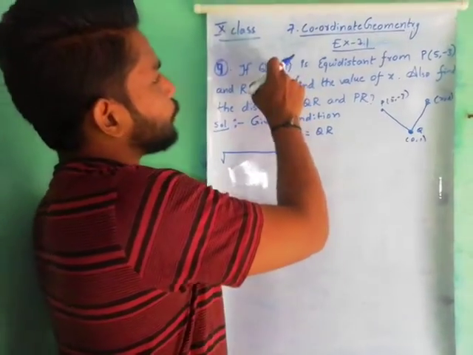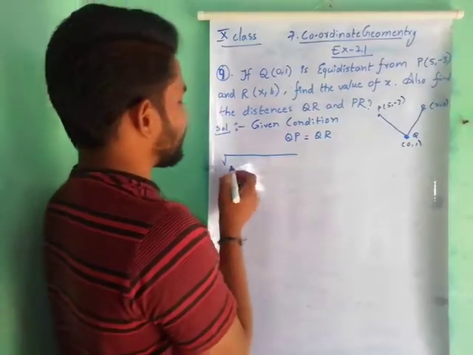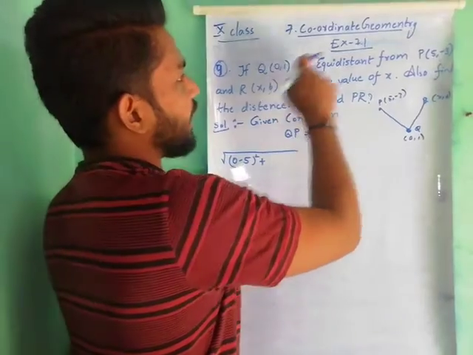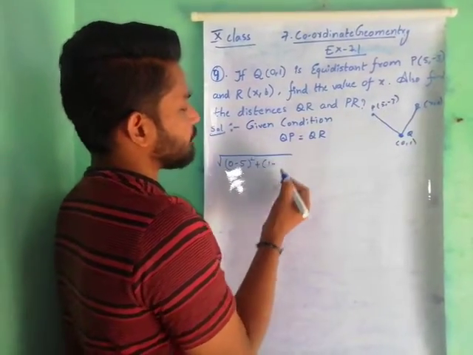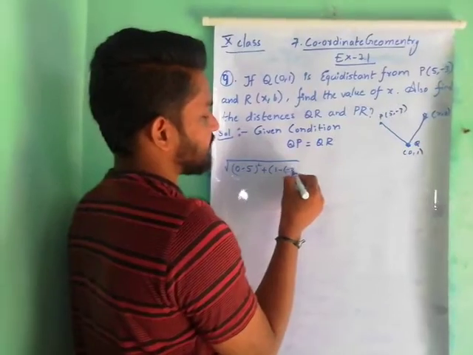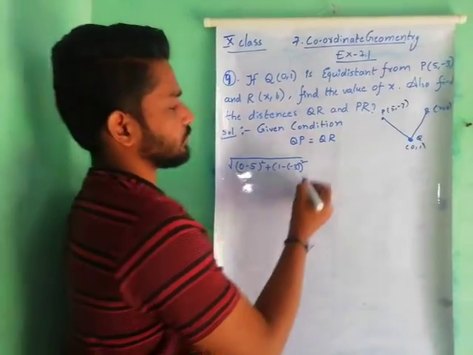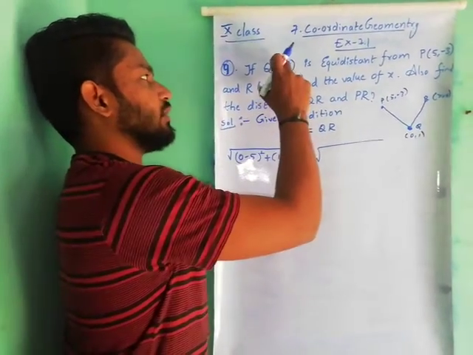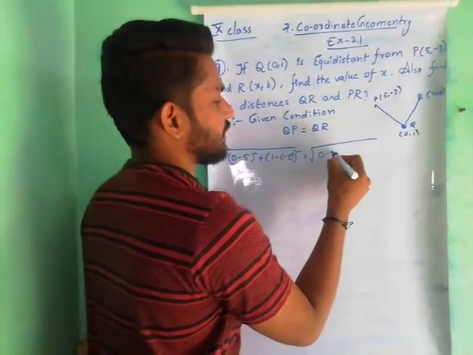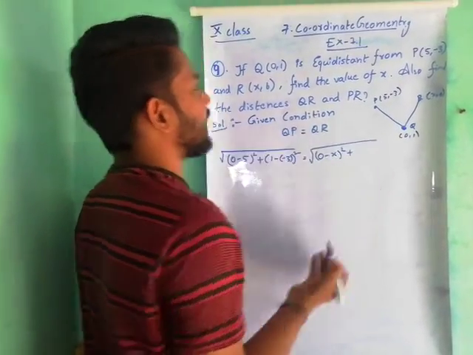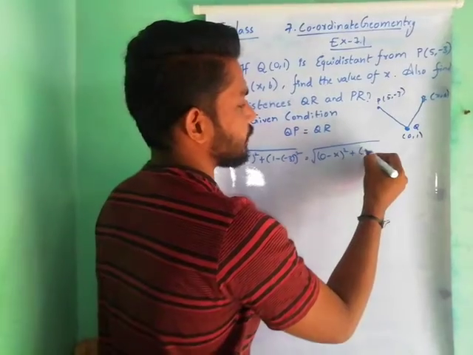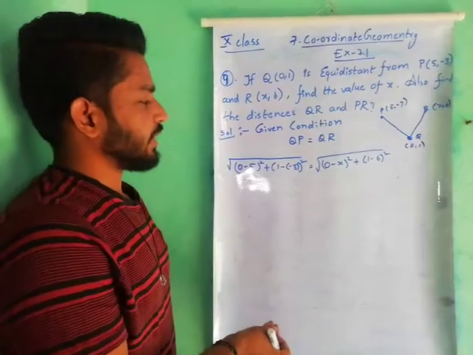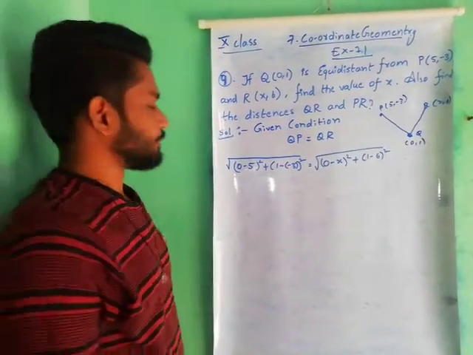Here QP is (0 - 5) whole square plus (1 - (-3)) whole square. Similarly, the distance between Q and R is (0 - x) whole square plus (1 - 6) whole square. By calculation we first find the value of x.